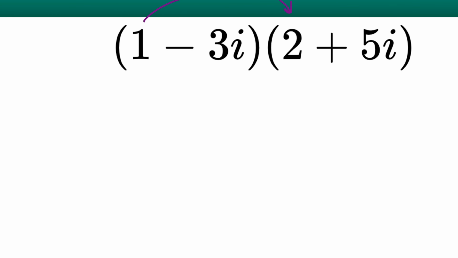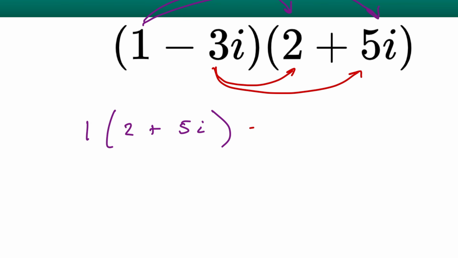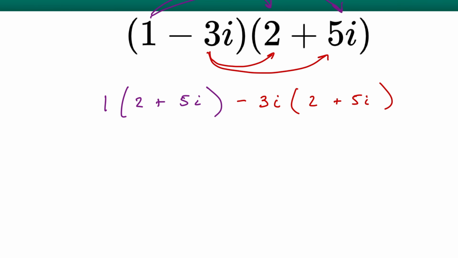We'll go 1 times 2, 1 times 5i, right? Which I'm going to write out. 1 times 2 plus 5i. And then we have -3 times 2 and -3 times 5i. So I'm going to write that out. All right, now what I wrote out is exactly what we're doing, okay? We're taking each term from the first binomial and multiplying it to the second one.